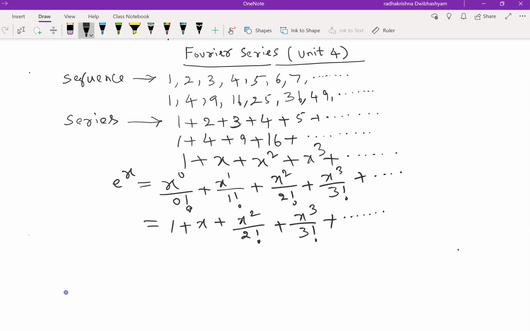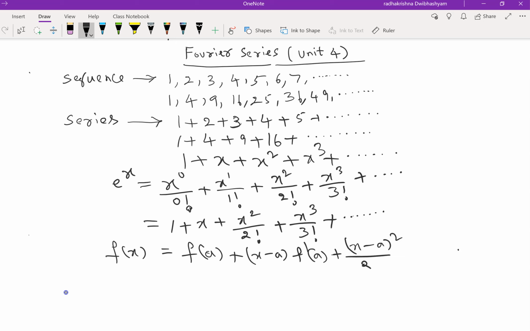Can you recall that general formula of Taylor series? f of x equals f of a plus x minus a into f dash of a plus x minus a whole square upon factorial 2 into f double dash a plus so on.